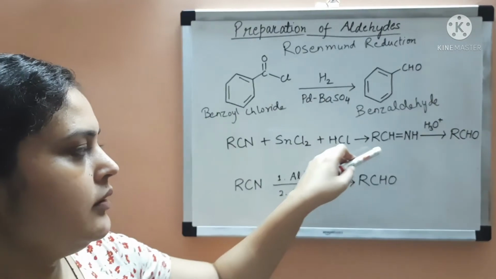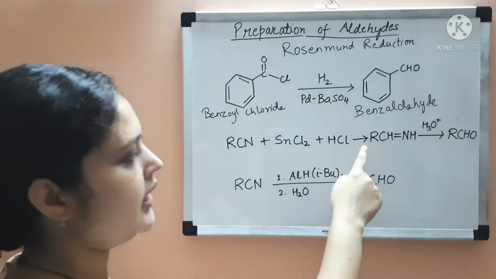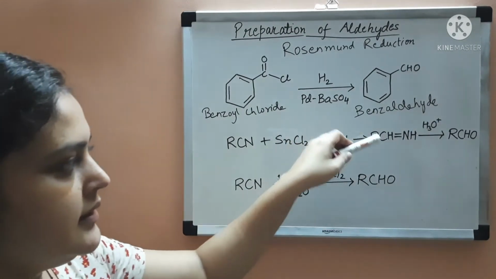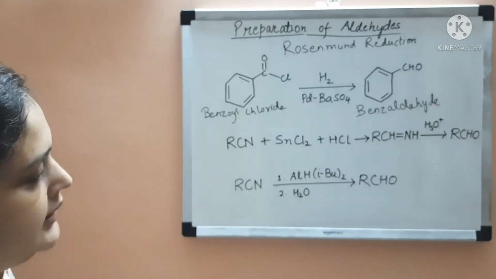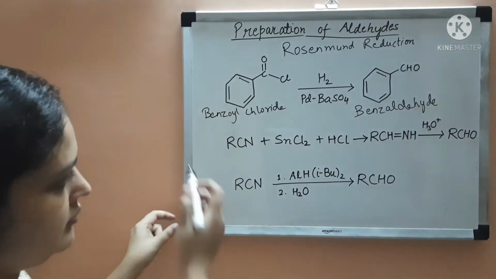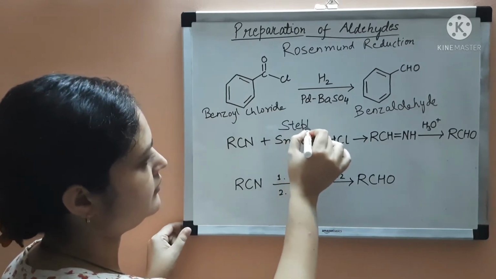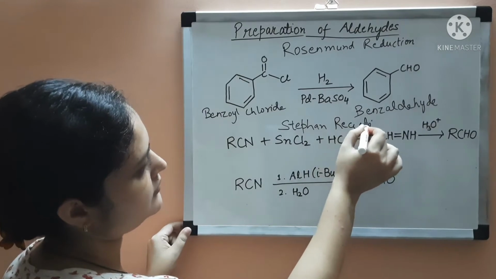So we get an imine, RCH=NH. This imine is hydrolyzed to form the corresponding aldehyde. This name reaction is the Stephen reaction.